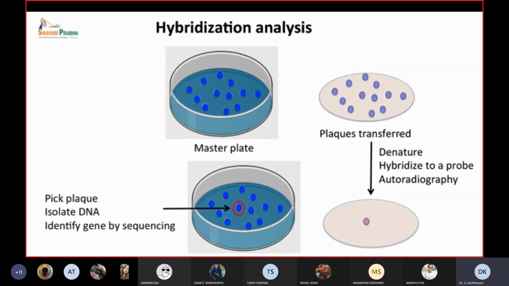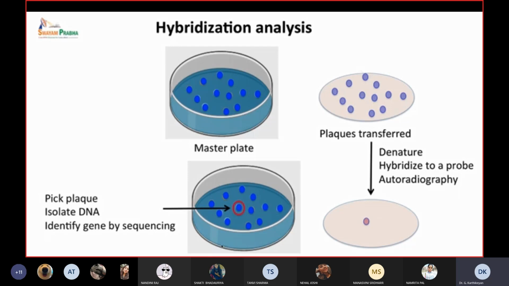Secondly, even though you may lift very carefully, there is a lot of smudging and mixing of the colonies because E. coli colonies are very, very small. But if you have very few colonies and they are very well separated on your master plate, then replica plating can work very well.